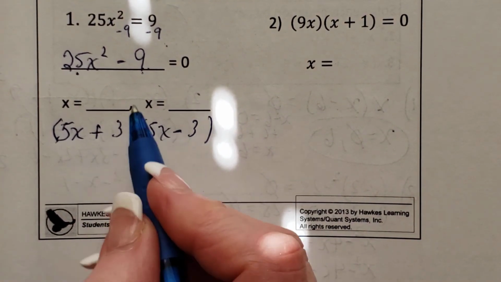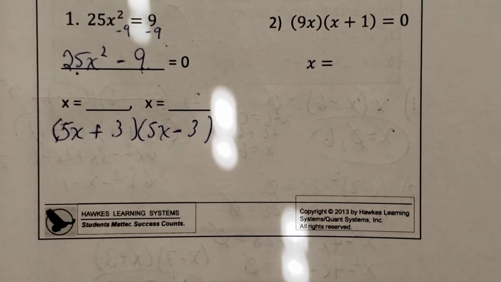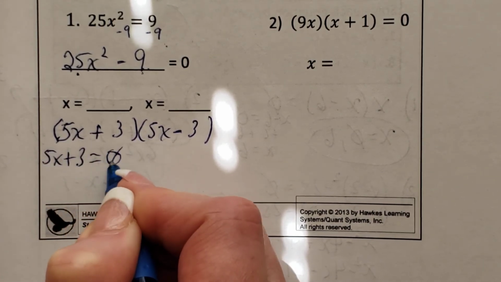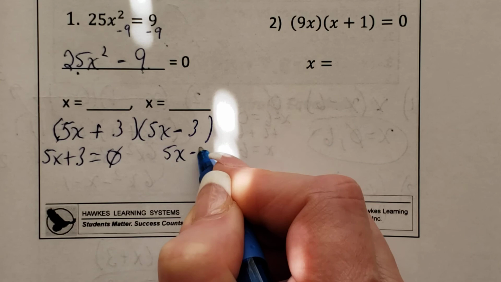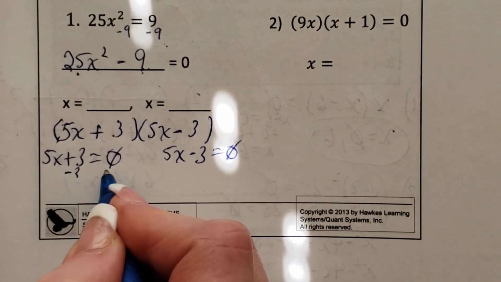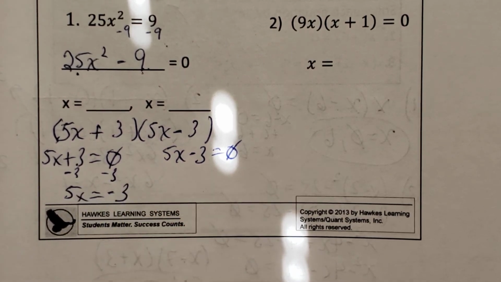So I've factored this quadratic. Now I have to solve it. I'm going to set 5x plus 3 equal to 0, and I'm going to set 5x minus 3 equal to 0. To get x by itself, I subtract 3 from both sides. So I get 5x equals negative 3.